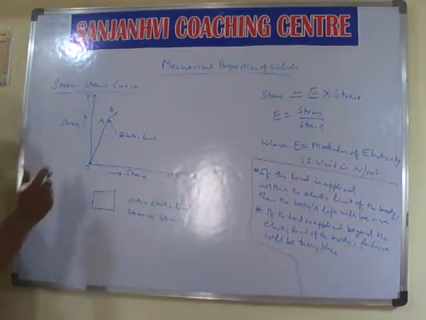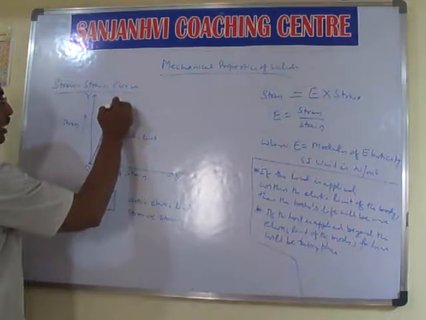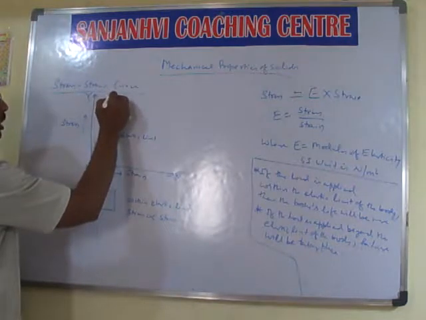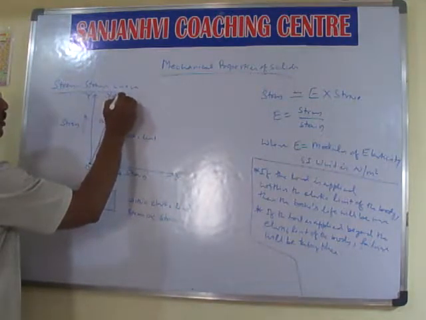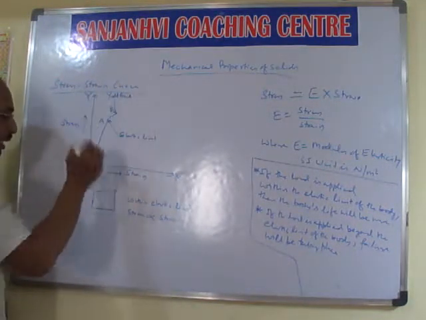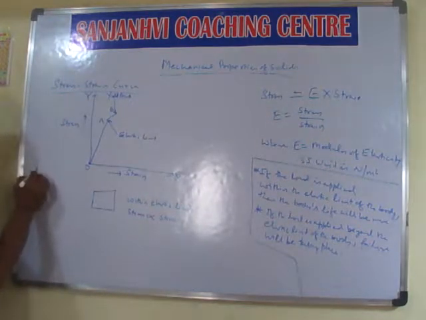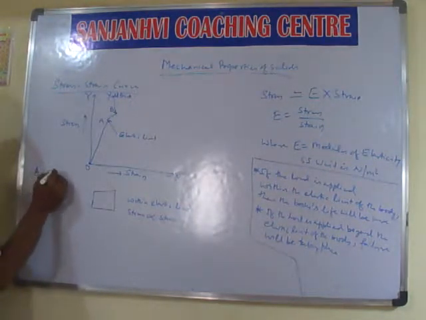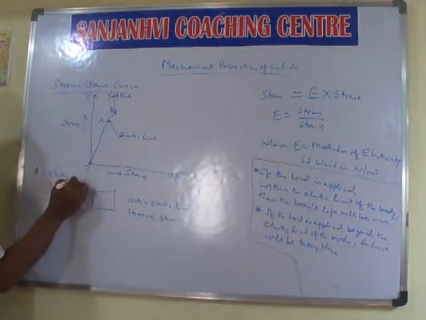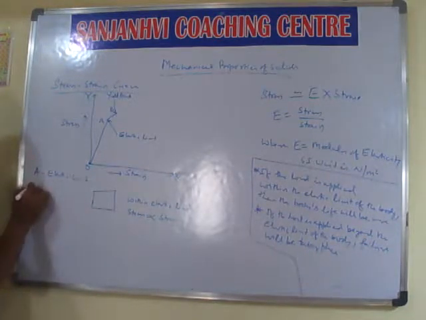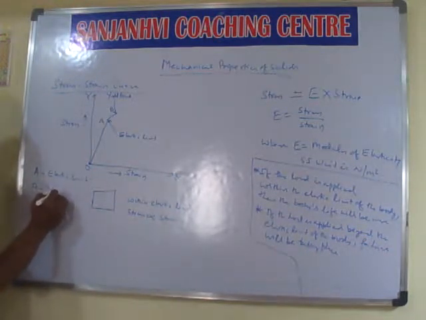And this point B is called the yield point. Correct? So point A is the elastic limit, and point B is the yield point.